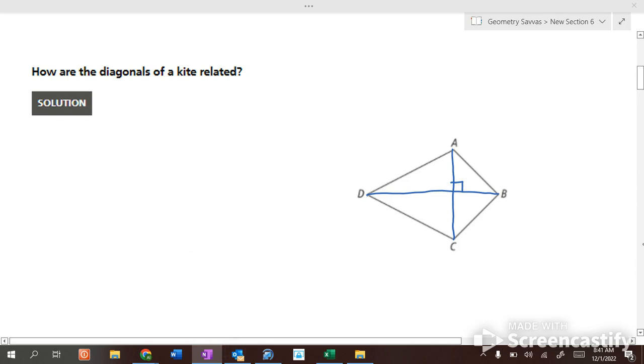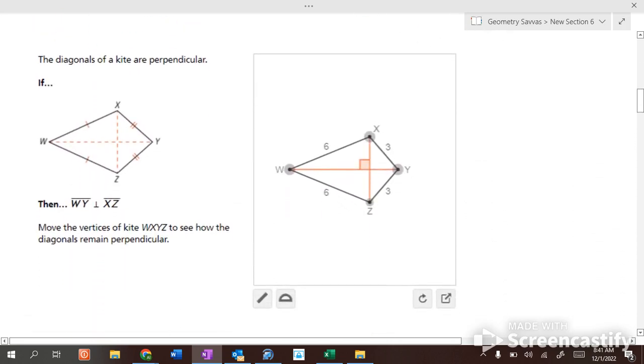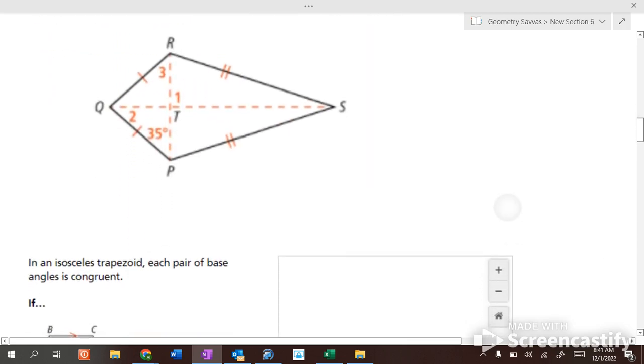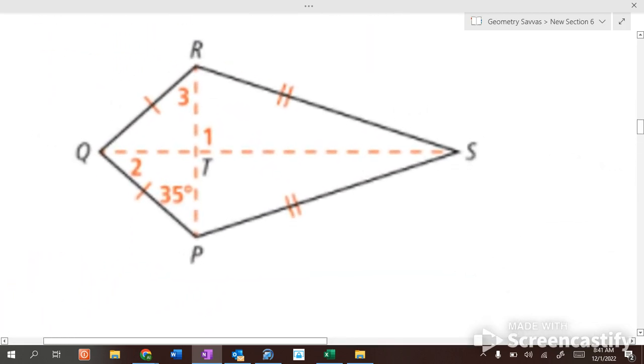In this case, does AC bisect DB or does DB bisect AC? The second one. DB bisects AC. Okay? And then the diagonals are perpendicular.